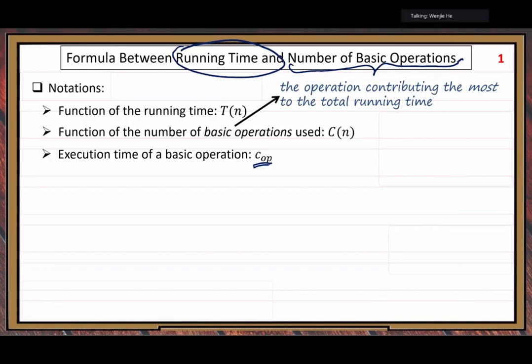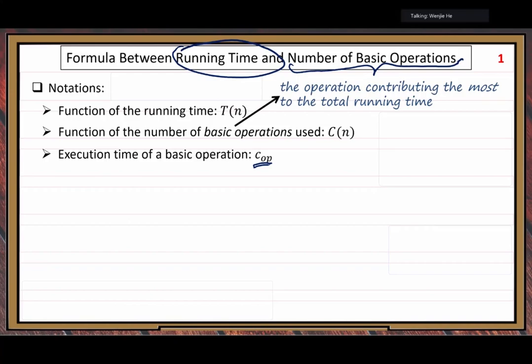For example, one comparison. How much CPU time do you need to do one comparison? There is a number, and here we use little c for that number. Or multiplication: if your basic operation is multiplication, what's the CPU time to do one multiplication? That is little c.